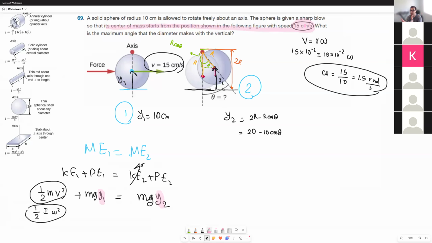The whole system is rotating. Every particle of the system has a different velocity. The center of mass has 15 centimeters per second. Every particle would be different with respect to that axis. If you want to take into account all of that kinetic energy, you have to do sigma mi vi squared.